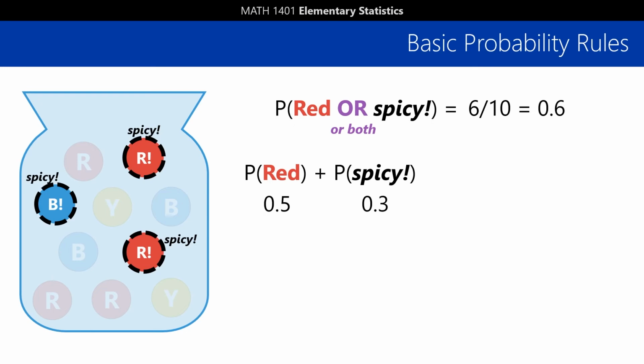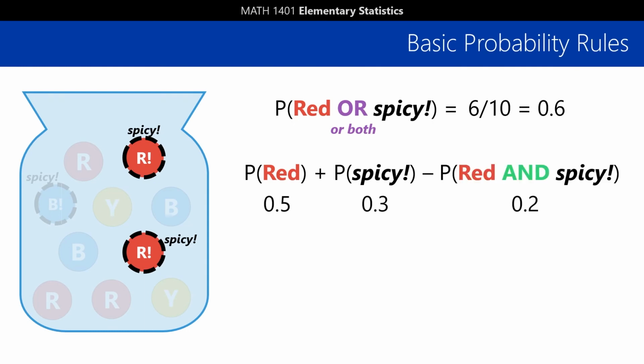What gives? The issue is that if we add the red gumballs and the spicy gumballs, we actually overcount the gumballs that are both red and spicy. They get counted twice. But if we subtract it out once, then we make sure that we only count them once. And we do in fact get an answer of 0.6 for the probability of red or spicy.